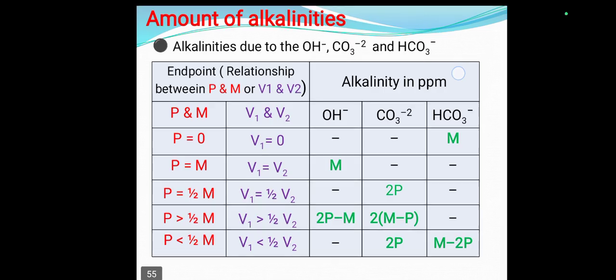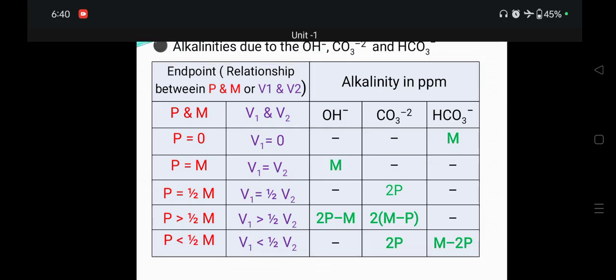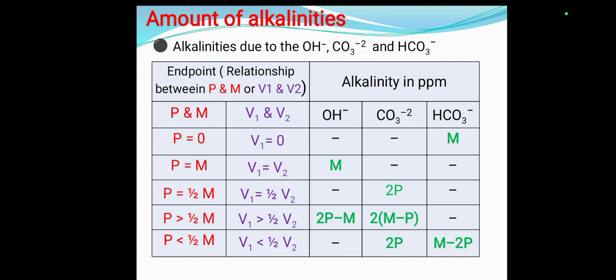Once you get an idea about the types of alkalinities, from the types you can find the amount of alkalinities. This table you have to remember if you want to solve the numerical in the exam, and a compulsory numerical on finding types and amount of alkalinities will be there. In the table, the first sequence you have to remember, you should not disturb that sequence.